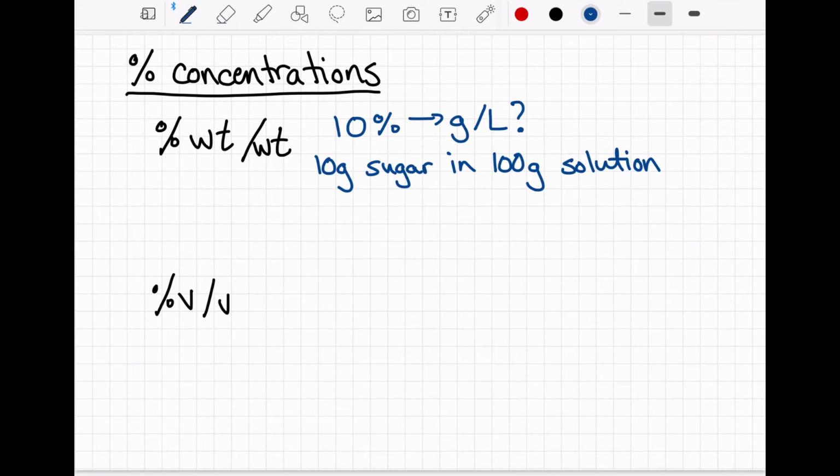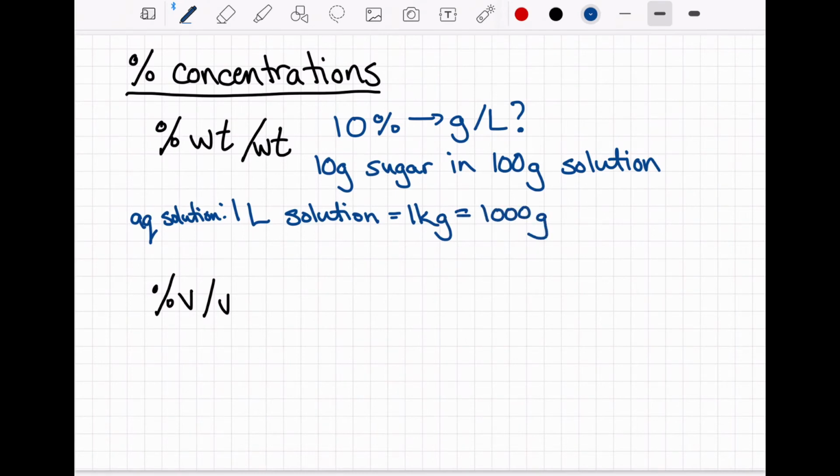Okay? Now, we also know in a water solution, so I'm just going to write aqueous solution, that 1 liter of solution equals 1 kilogram, okay, which equals 1,000 grams. Okay, we've talked about that already a little bit in this video. So 10% of 1,000 grams is 100 grams.